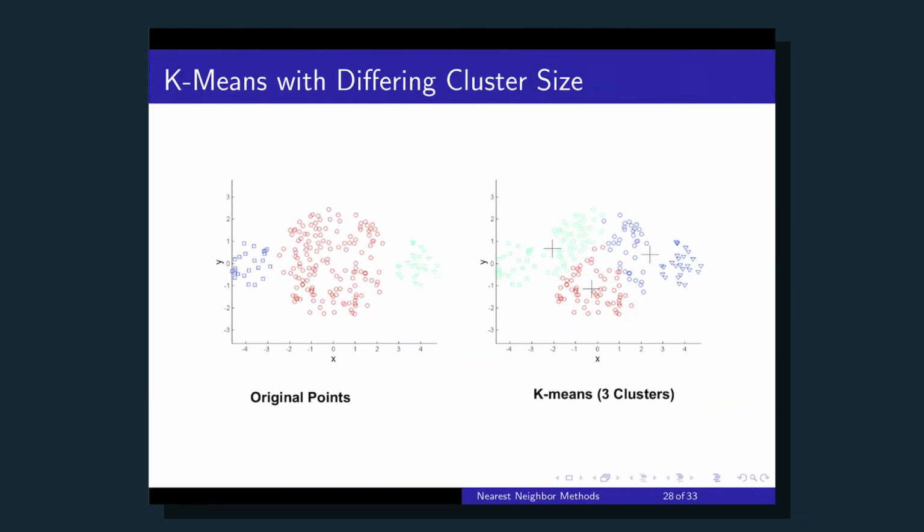So here's, for example, an example where you have different size clusters: a large cluster and two smaller clusters. If you run k-means on this, k-means would do the clustering like this.